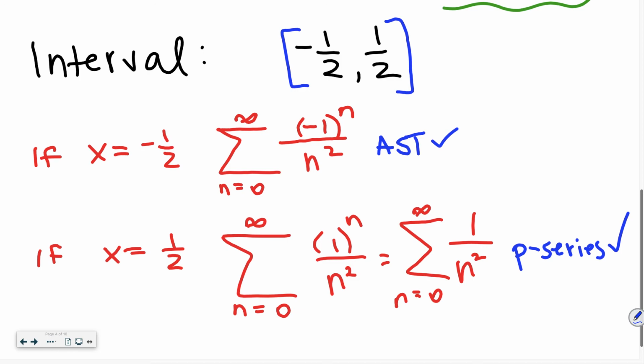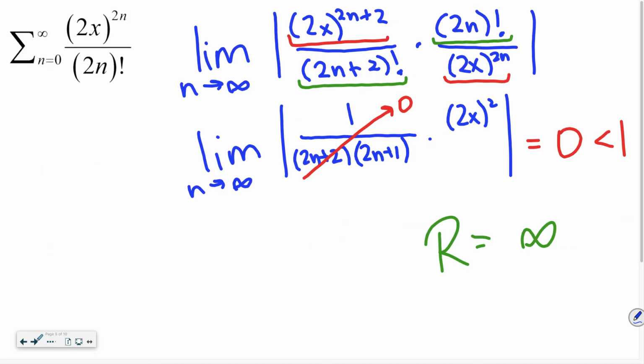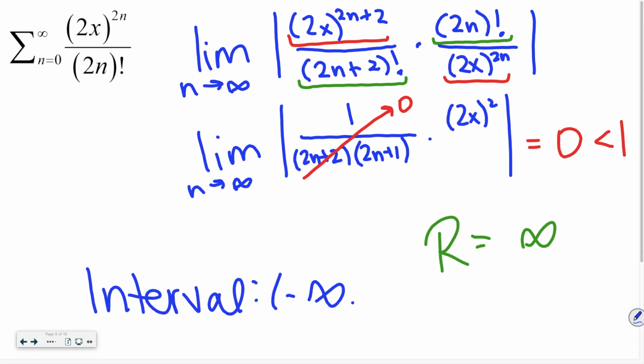Like, if we just ended up with a straight line. Now, when we have a radius of infinity, and I ask you for the interval, you would give me all real numbers. So when are we going to get a radius of convergence of infinity?